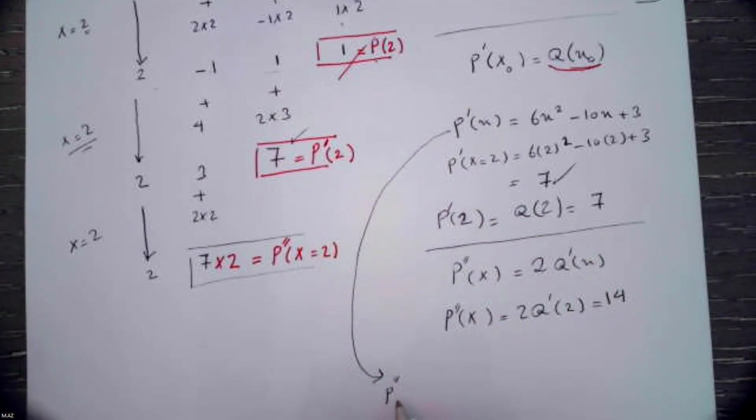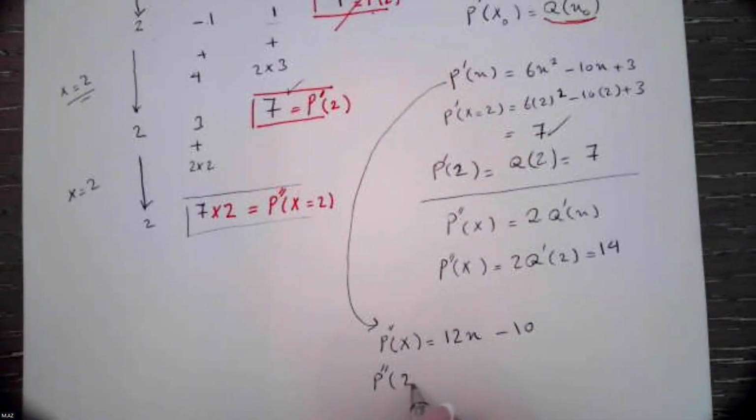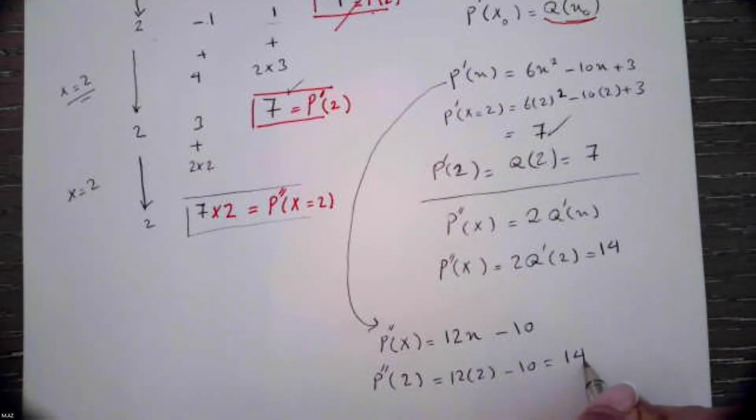And if we try to find the second derivative of this function, the answer is 12x minus 10. At point 2 it is 12 times 2 minus 10, which is 14.